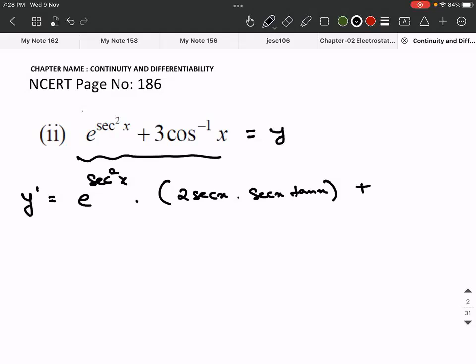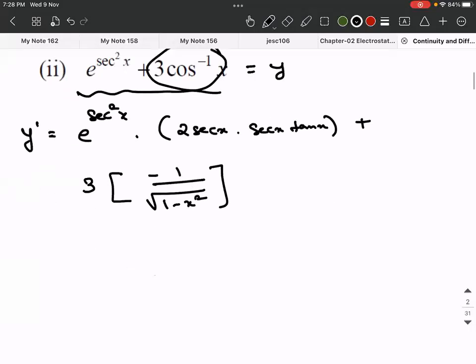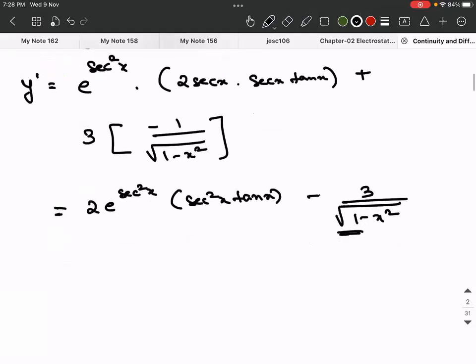Plus 3 into, what is the derivative of cos inverse x? It is minus 1 divided by root of 1 minus x square. So what will be the answer? 2 e power secant square x into secant square x tan x minus 3 divided by root of 1 minus x square. Correct.